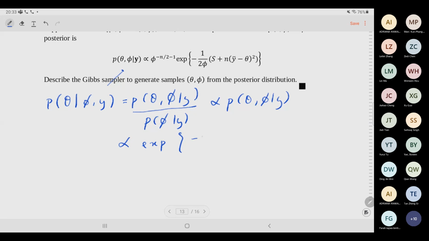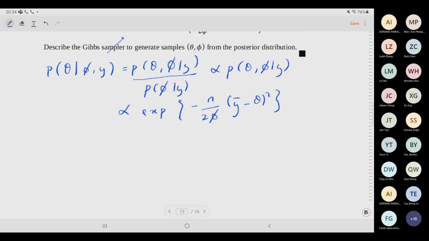And so we only have n over 2 phi times y bar minus theta squared. Because for this conditional posterior, phi now is a constant, we get rid of it, because it's also exponential. The S is only the data. There's no theta inside your S. So again, we get rid of it, and we only are left with this.